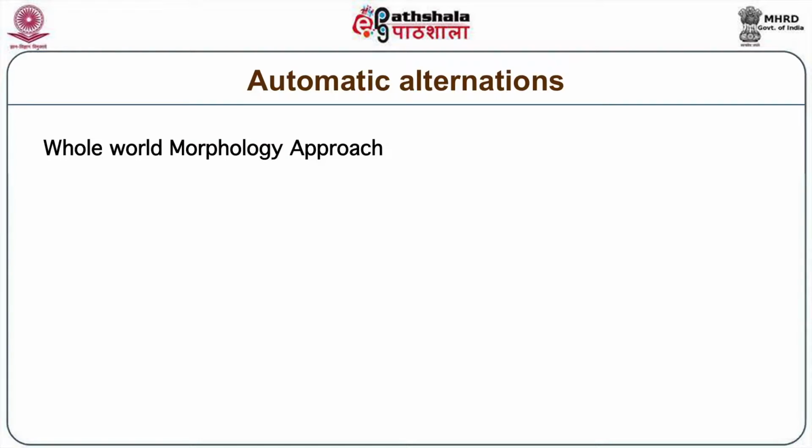For an automatic alternation, the whole word morphology approach postulates a word formation strategy which carries out the morphological part of the work. In the case of the adverb form of the adjective legal, it says X goes to XLI.